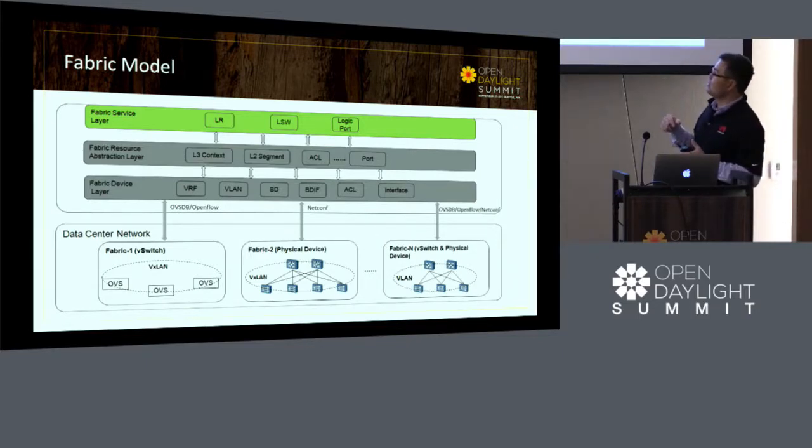Within the fabric itself, you have to manage the resources within that fabric. Those resources could be technology specific. For example, for VXLAN, you have to manage all the VNIs. You have some layer 2 segments, layer 3, some ACL tables to manage, and ports. And at the bottom, you need to manage all the devices which compose that fabric. It really depends on what interface the devices offer.